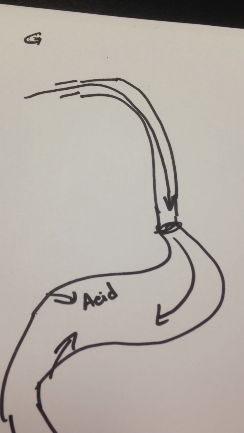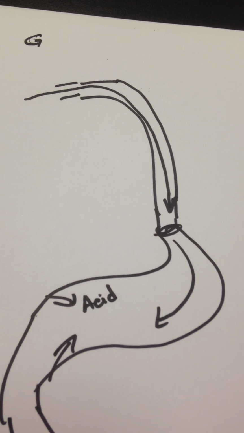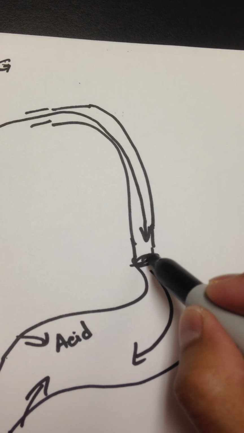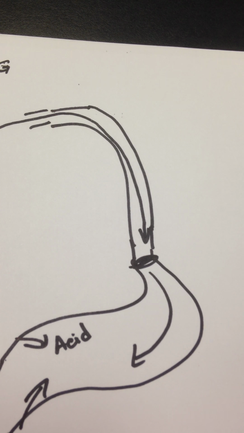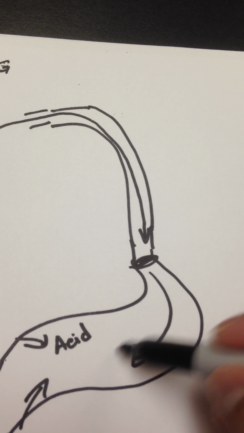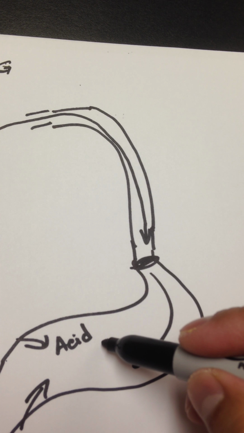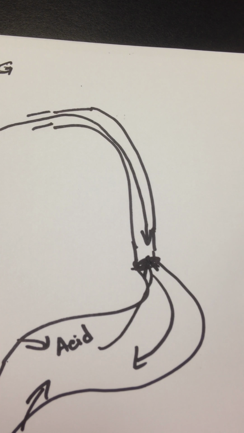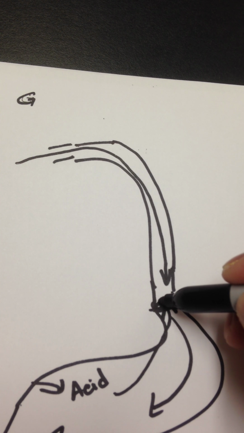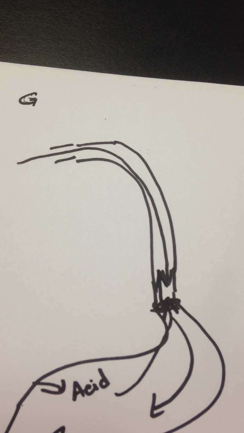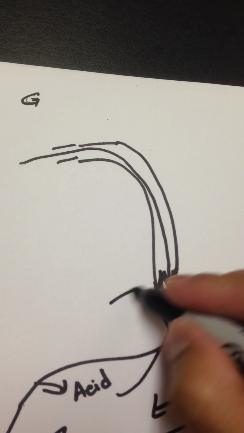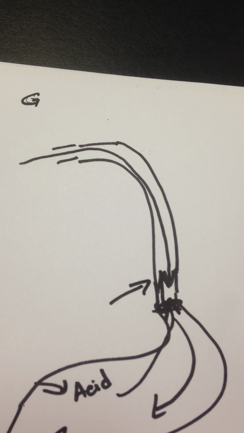So now, if you either have increased abdominal pressure or a weakening of this lower esophageal sphincter, what's going to happen is these stomach contents along with the acid are going to come back into your esophagus, and it's going to make its way up. Now that acid is going to cause irritation, okay, to the esophageal lining, to that tissue.